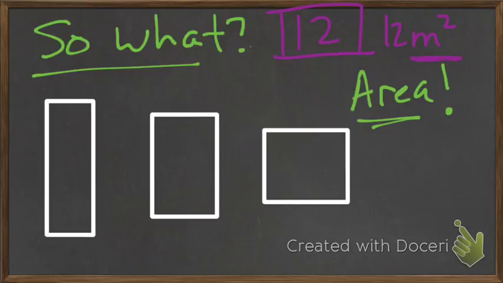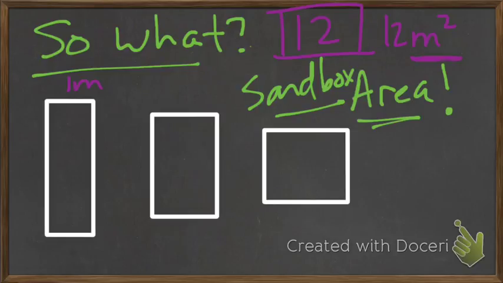Area of what? Well, say we were creating a sandbox. We know we're making a sandbox, and we want our sandbox to be 12 square meters. We have to think about what measurements will make that. We could have a sandbox that is 1 meter by 12 meters.